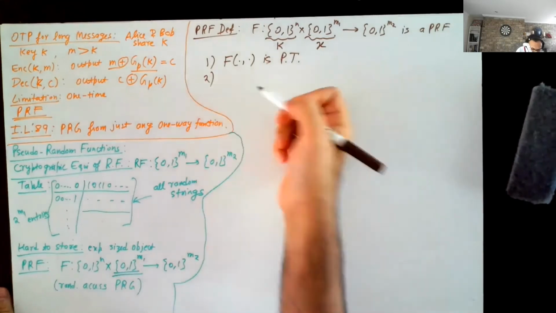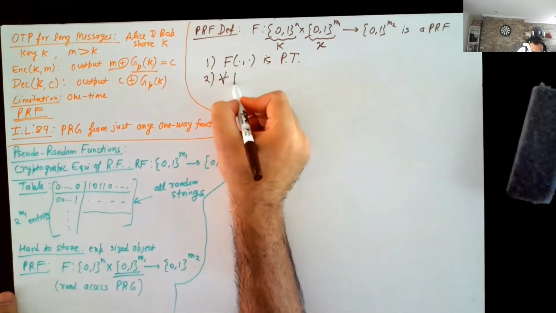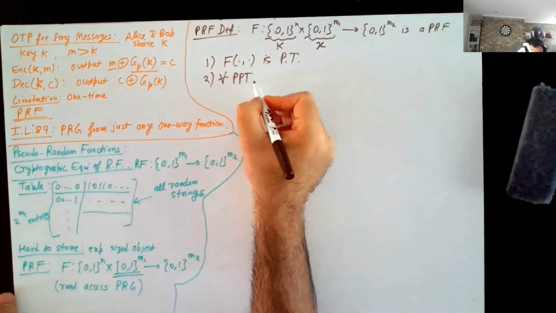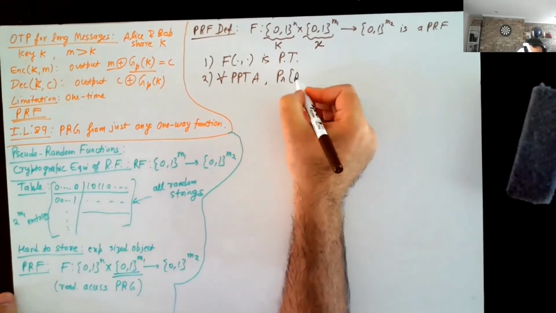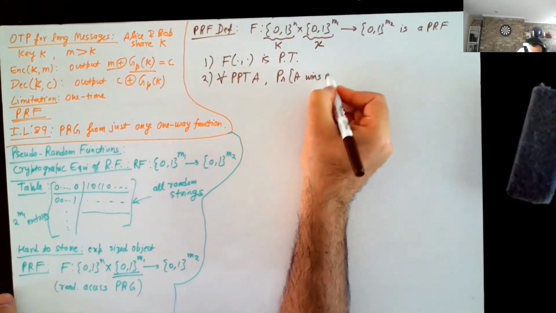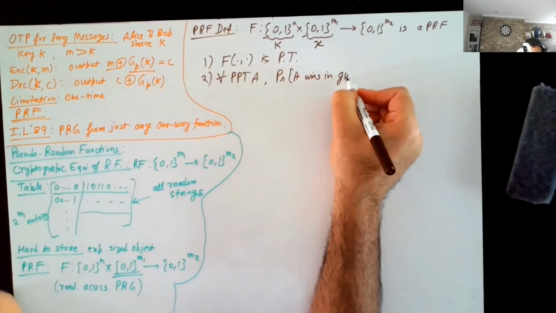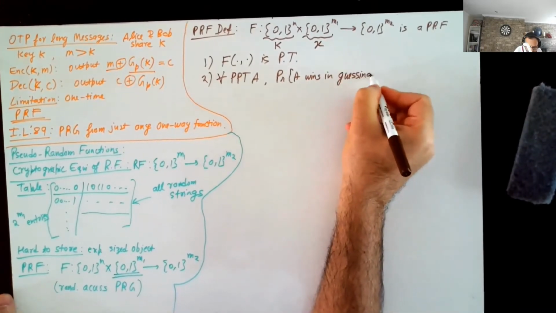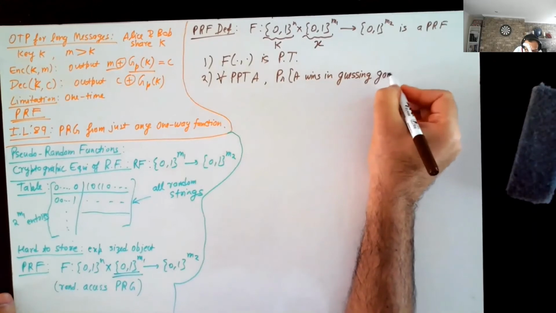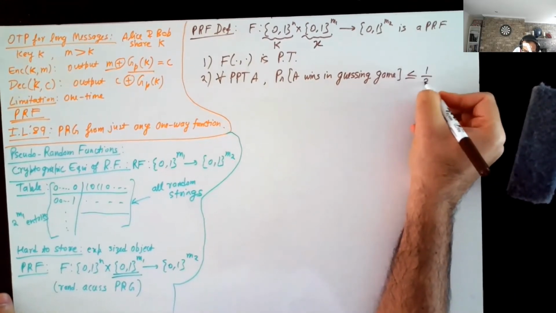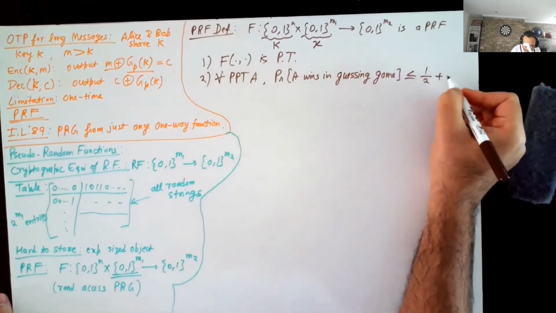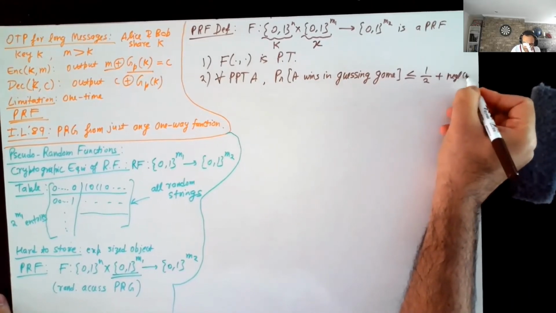Okay, we will require for every PPT A, probability that A wins in the guessing game, which I'll just define, should be less than or equal to half plus negligible.